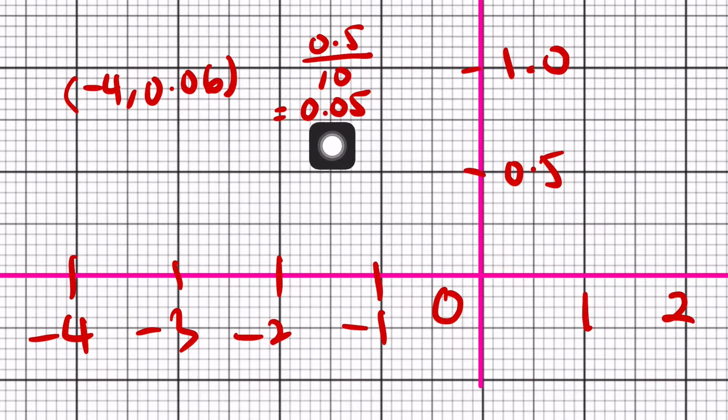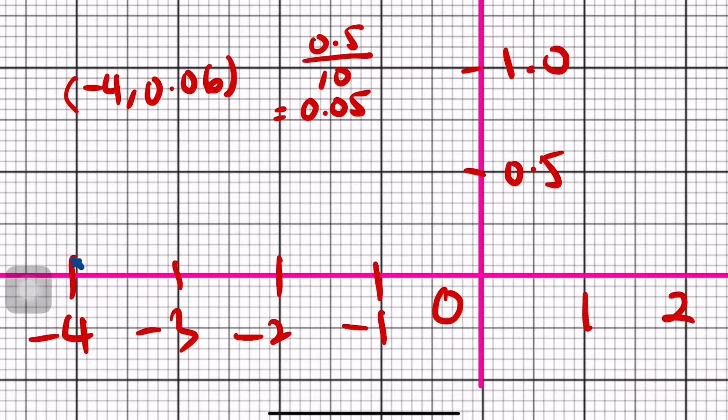So we want 0.06. It means 0.05 is here, 0.1 is there, so 0.06 is in the middle, just around this area.